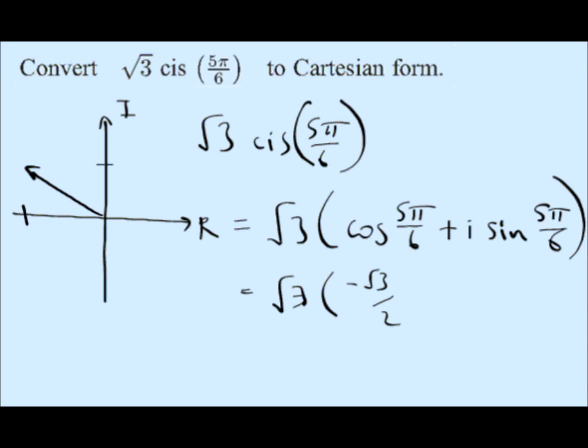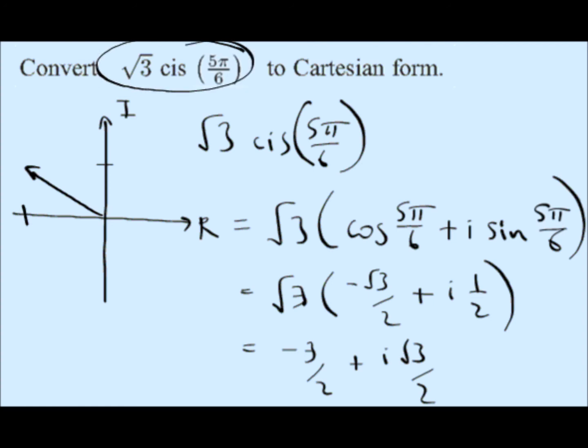Once again, the sine is the y-coordinate, so i times 1/2. If we expand that, we end up with minus 3 on 2 plus i times root 3 on 2. So now that is expressed in Cartesian form. We've converted the polar form, this form up here, into our Cartesian form down here.